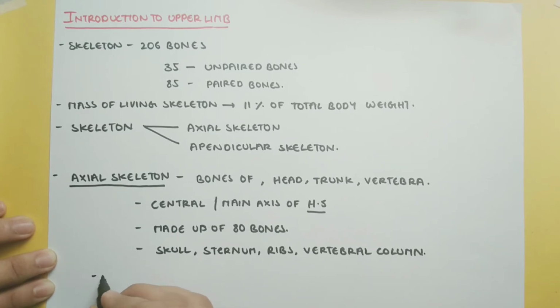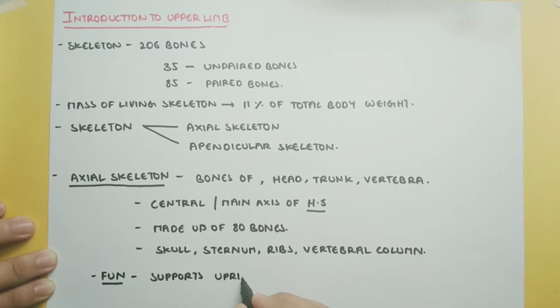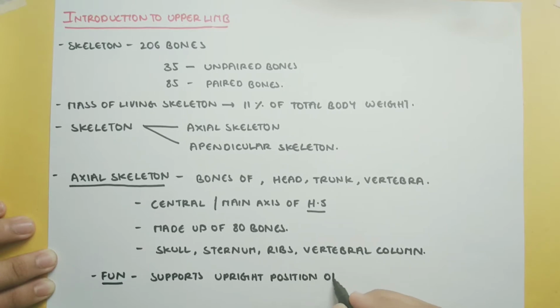Now let us discuss the functions of the axial skeleton. The first and main function is that it supports the upright position or the upright posture of the human body.